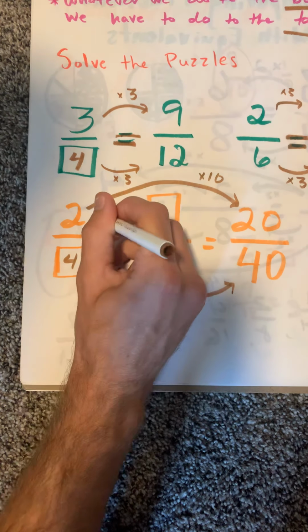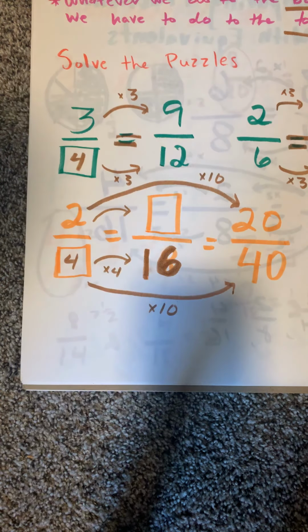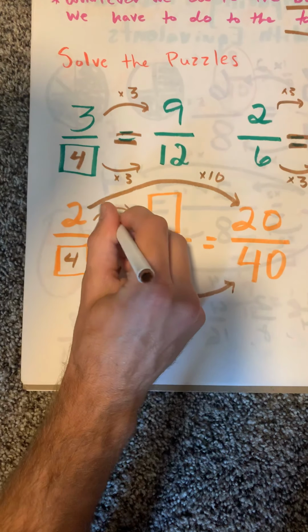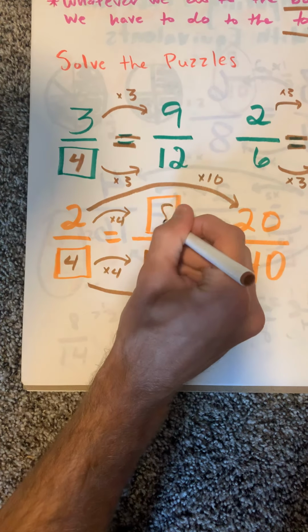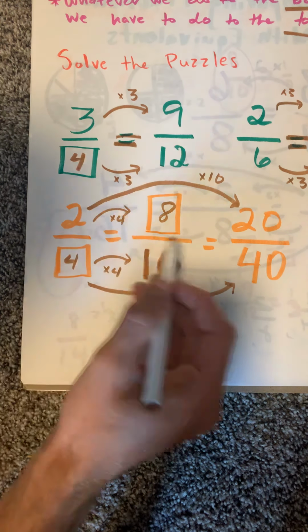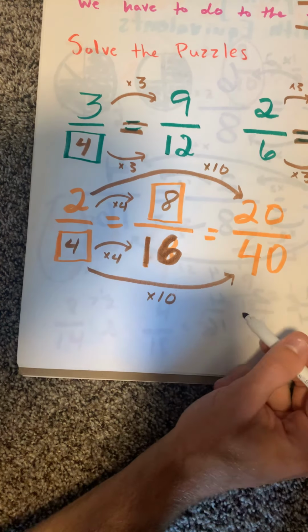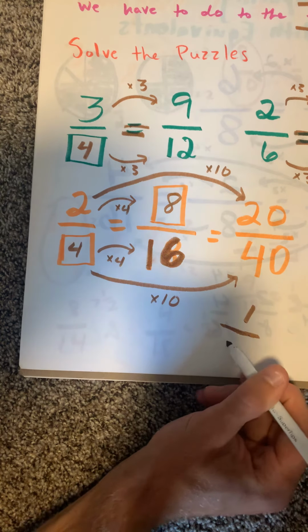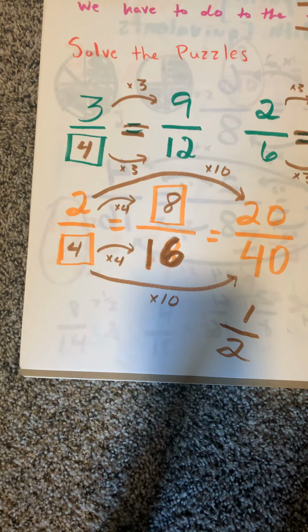Whatever we do to the bottom, we have to do to the top. So 2 times 4 equals 8. And if we look, those are all equivalent fractions, and they are all equivalent to 1/2. So there you go.